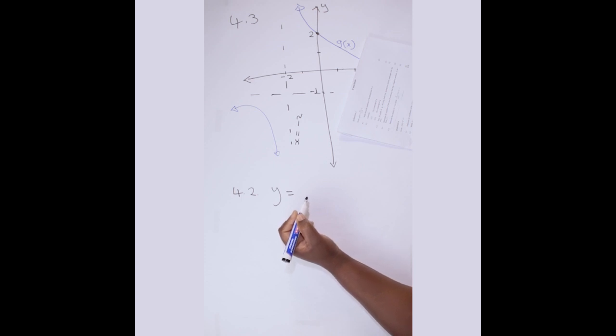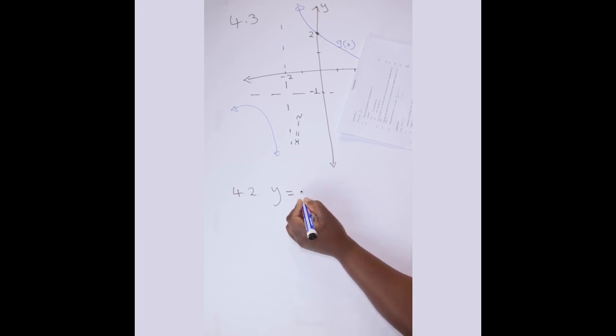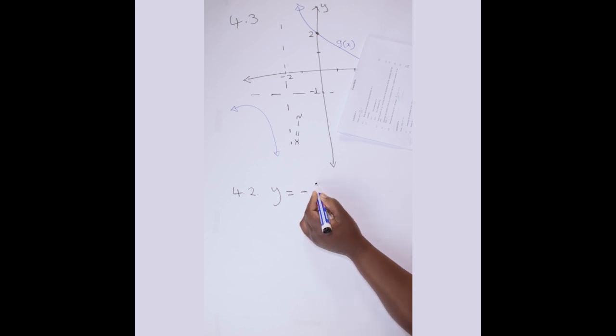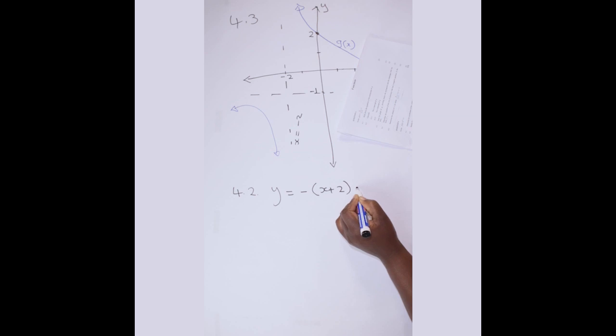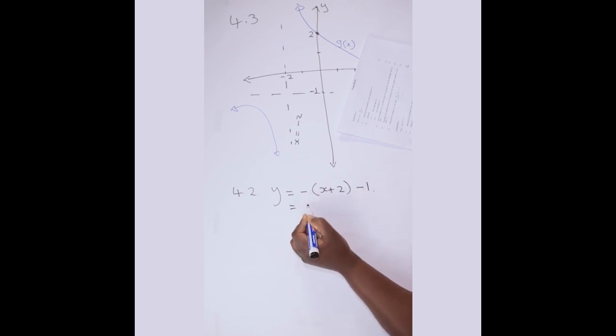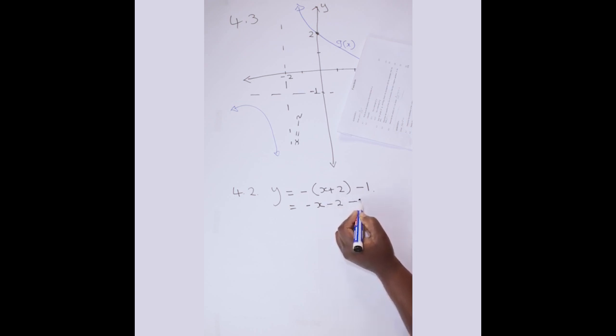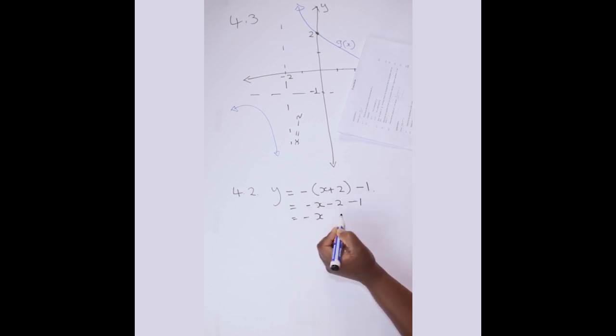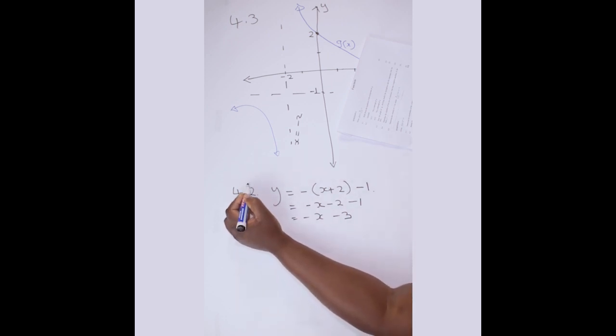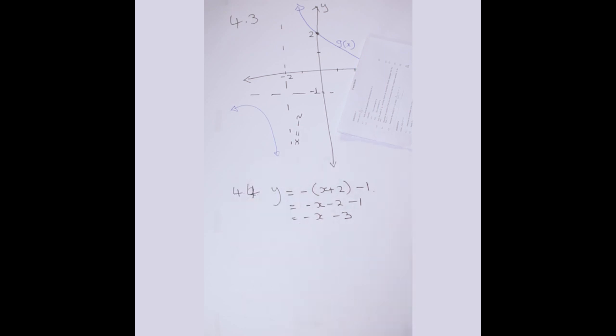In this case, our denominator is x plus 2, and we are going to minus the 1, meaning that our equation is y equals negative (x plus 2) minus 1. This is y equals negative x minus 3. In that way, you have found your equation for 4.4: the equation of the axis of symmetry, or line of symmetry.